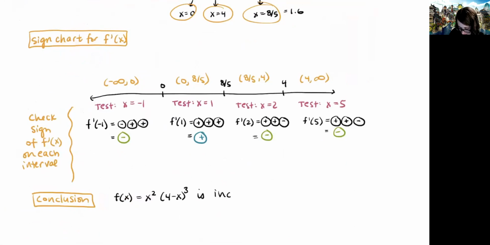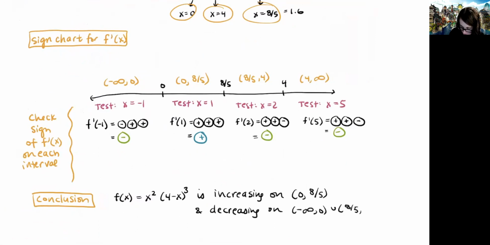It's increasing wherever the derivative is positive. That was just on that one interval from 0 to 8/5, and decreasing on the rest. So -infinity to 0, union 8/5 to 4, union 4 to infinity.